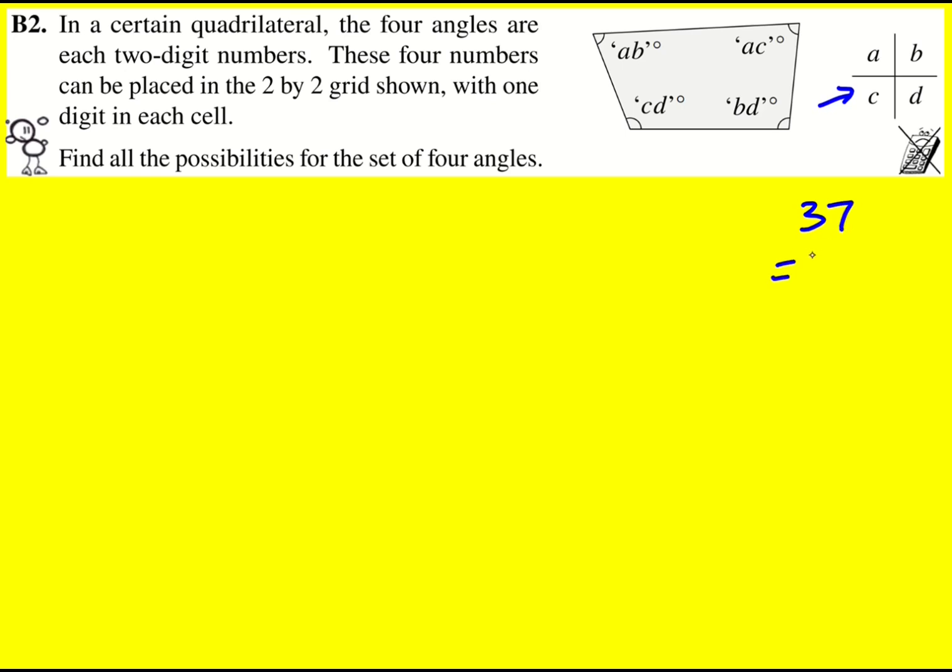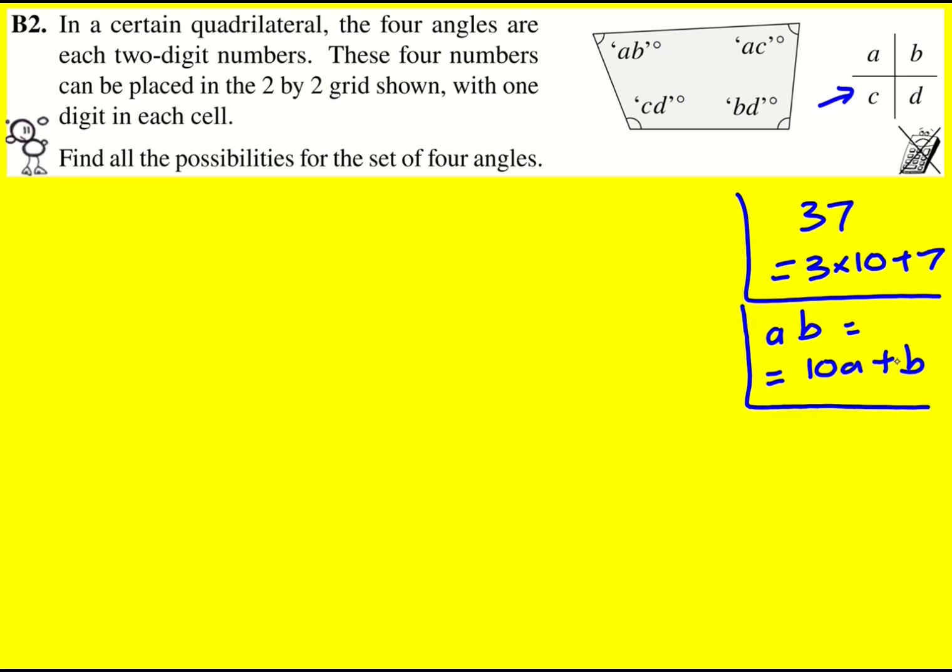So 37, for example, is 3 times 10 plus 7, which means that AB is actually going to be 10A plus B. And if we write it like that, then we can start forming equations and trying to solve them.